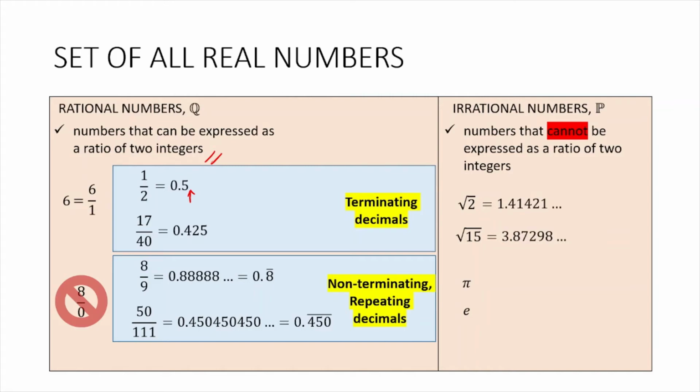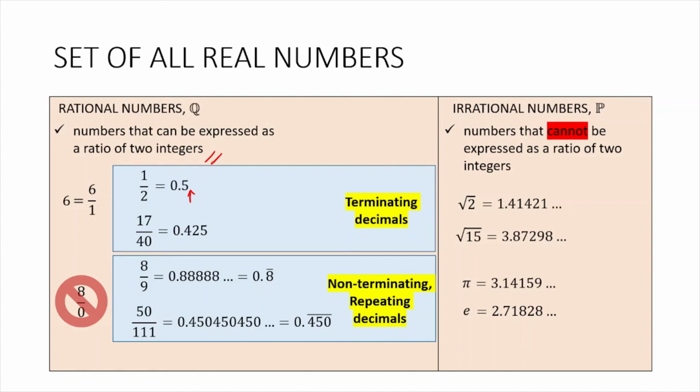Square root of 15 is 3.87298, so on and so forth. And then pi, these are the first few decimal digits, 3.14159, so on and so forth. And Euler's number is approximately 2.71828, so on and so forth.